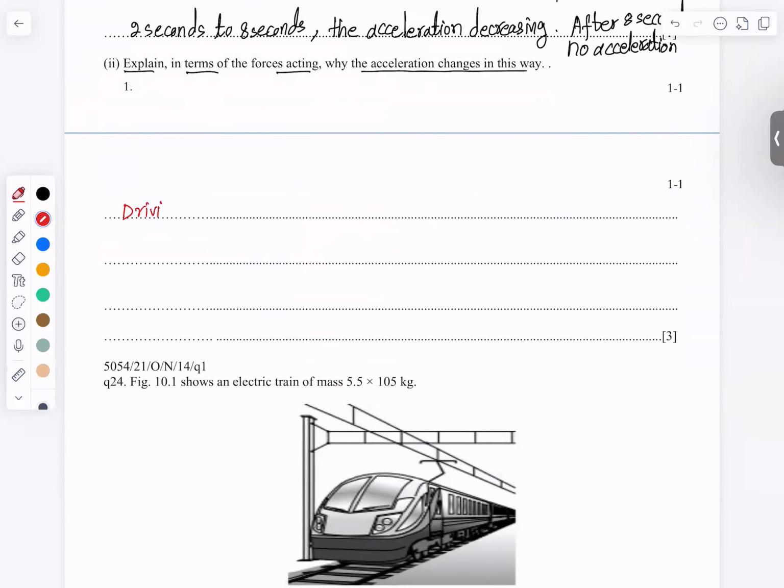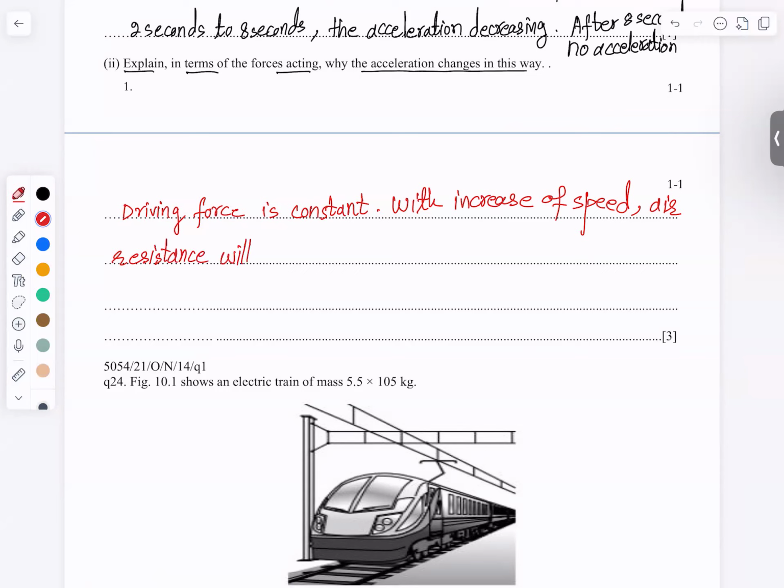Driving force is constant. With increase of speed, air resistance will go on to increase.